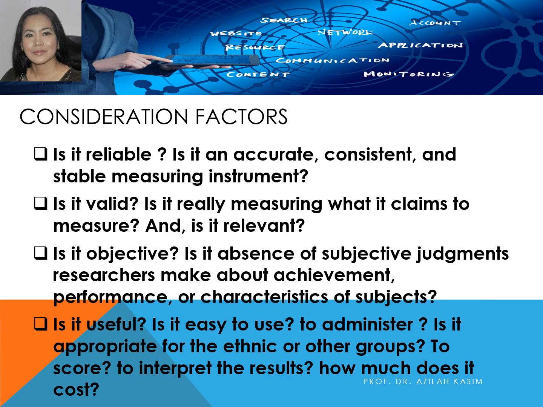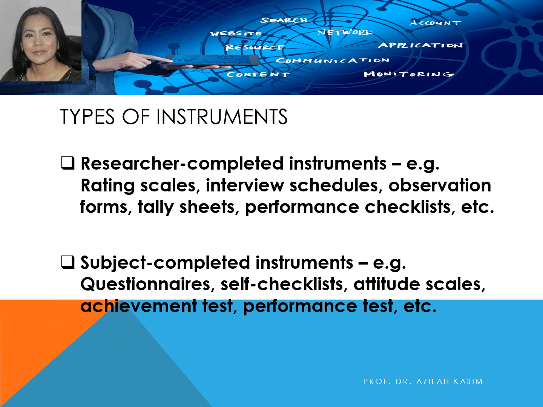Okay, so we have to make sure that there is an absence of subjective judgment. We do not have any subjectivity in questioning our respondent. Okay, so the design of the question has to be in such a way that it is objective.